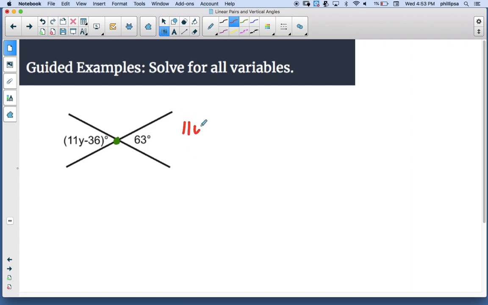However, I do know that they do have a common relationship, which is that because they are vertical angles, they are congruent to each other. So I'm going to set them equal to each other. Congruent. So 11y minus 36 is equal to 63, giving us 11y equals 99, and of course, y being 9.